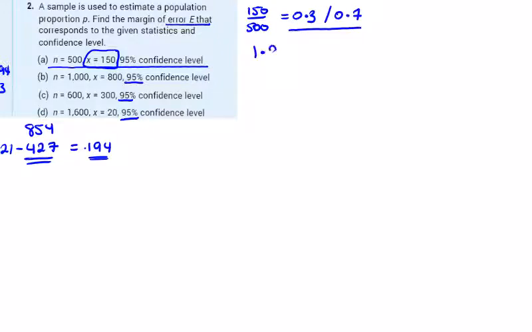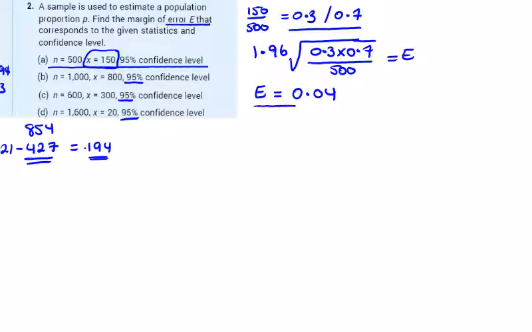So we're going to have 1.96 by the square root of 0.3 by 0.7 divided by N, which is 500. Will give me E in this case. So E, the error for the population proportion, is going to be 0.04 for part 1.